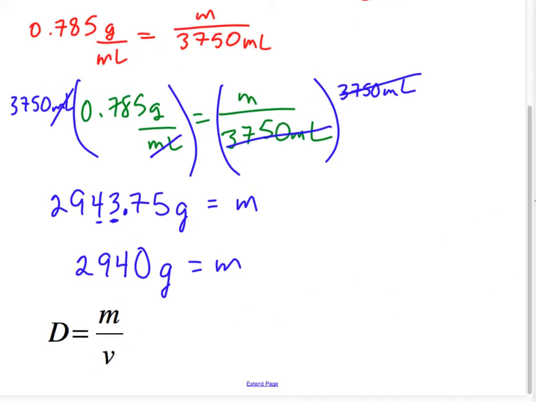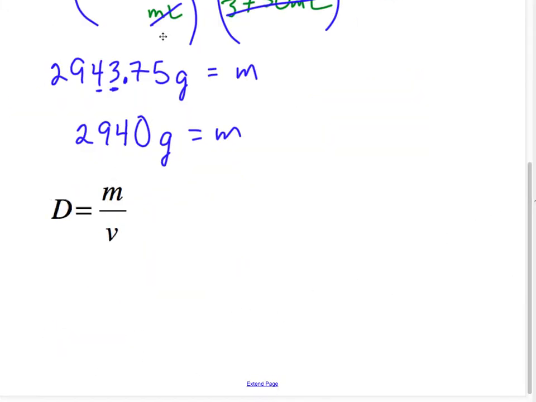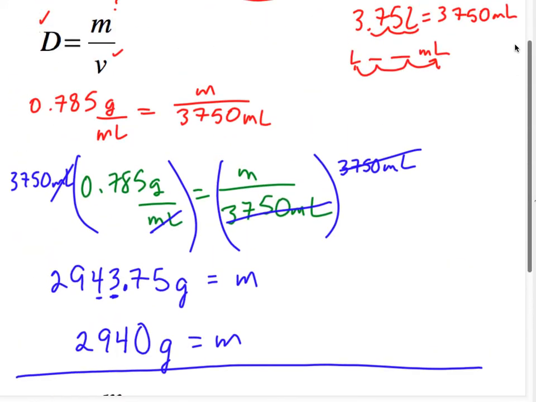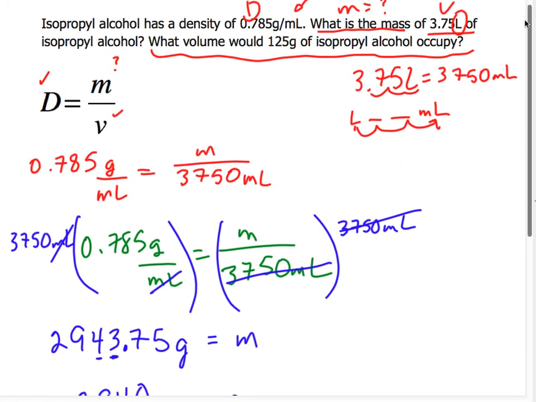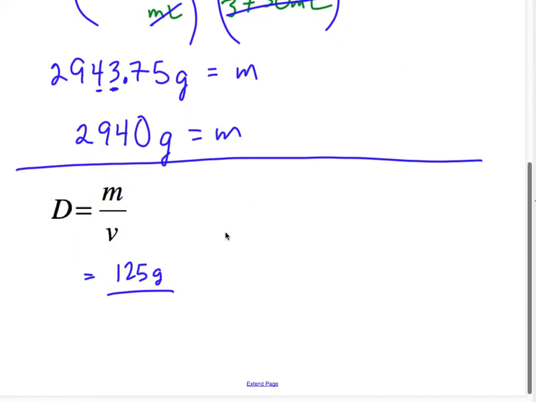This will work. Okay, so new question then. And this time they say I have 125 grams, that would be my mass. The density is the same because it's still isopropyl alcohol. So it's still 0.785 grams per milliliter.